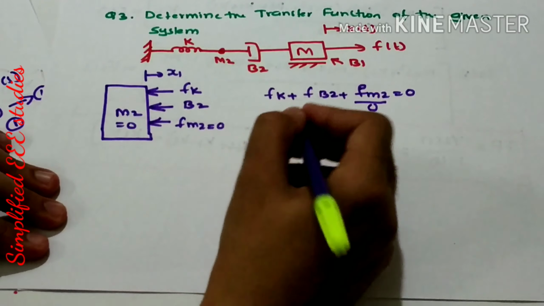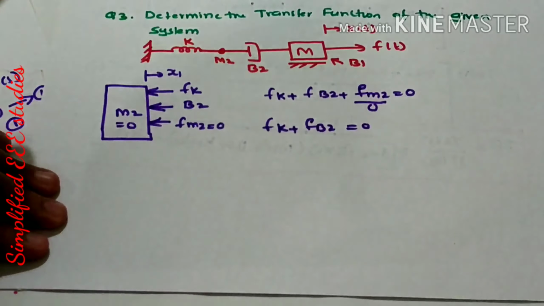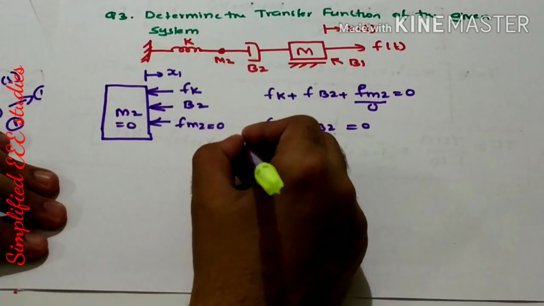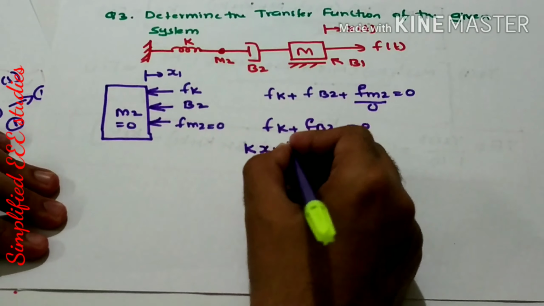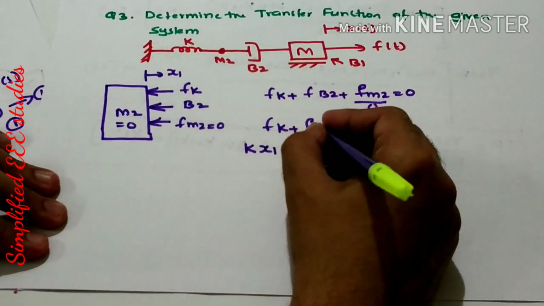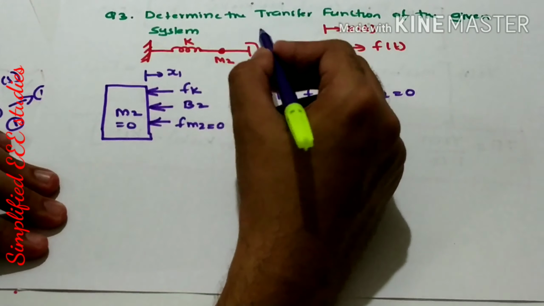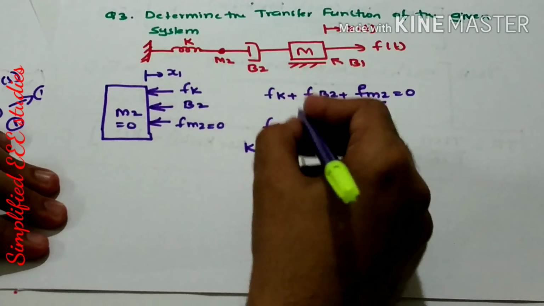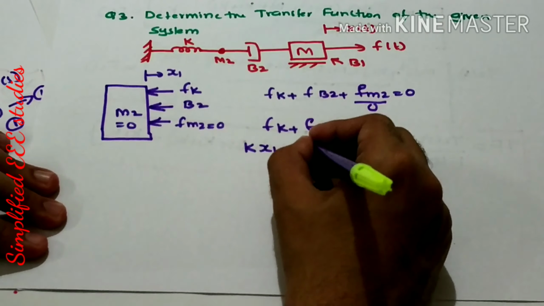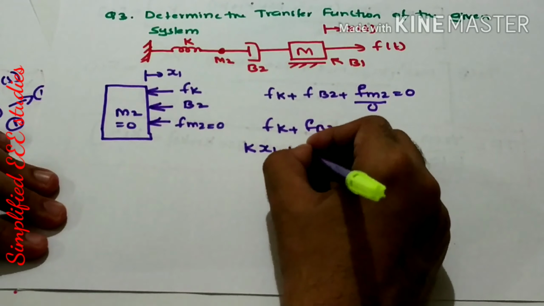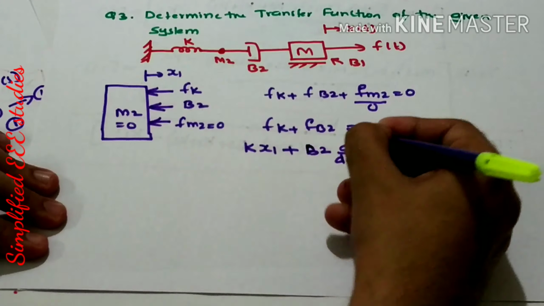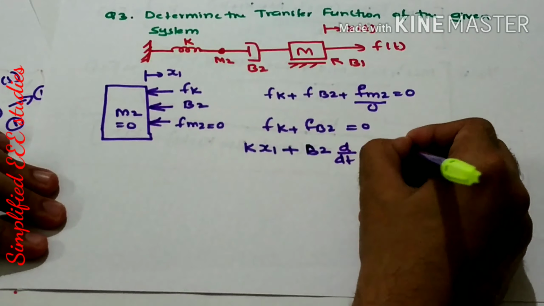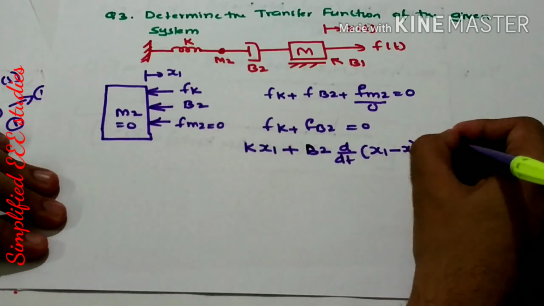Now what you can do? Fk means because of spring there will be one force. That I will be writing K into x1. K into x1 plus what about Fb2? This is applicable for two bodies M2 and M. So what I am going to write is B2 into d by dt of x1 minus x, that is equal to 0.